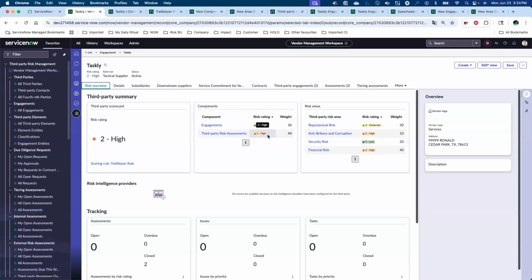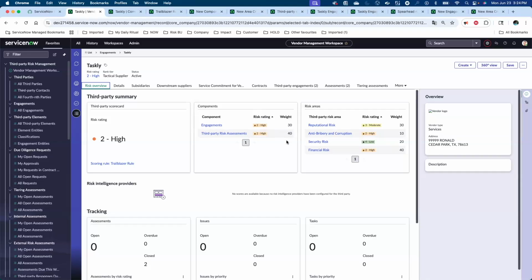Now the computation for this is a weighted average, translating to a risk rating. So it's 2 multiplied by 30, which is 60, and 2 multiplied by 40, which is 80. The sum of those divided by the sum of the weights: 60 plus 80 is 140, divided by the sum of the weights, which is 70.